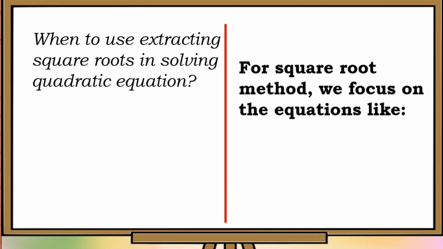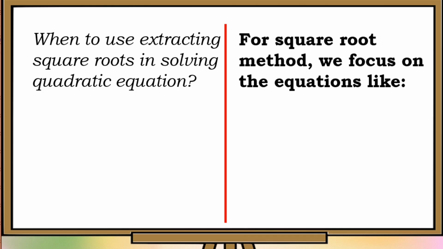So, when do we use extracting square roots in solving quadratic equations? Take note, for the square root method, we focus on equations like ax squared plus c equals 0 and the quantity x plus d squared equals e.